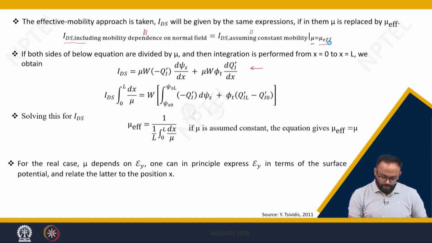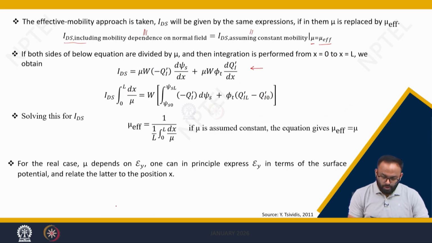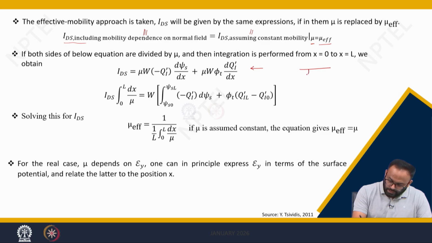You can simply see that the equations are the same, the only difference is we replace mu by mu effective, and hence the effective mobility effect is included in your drain current equation.